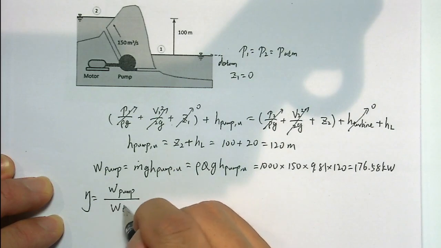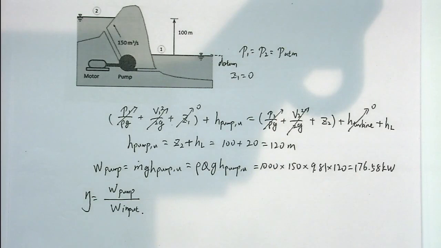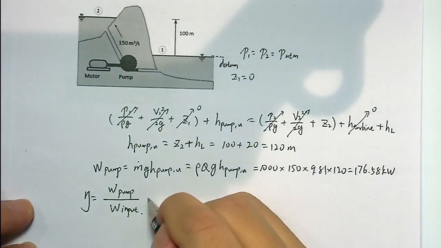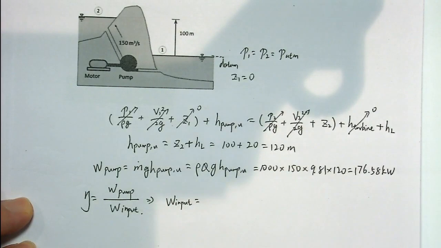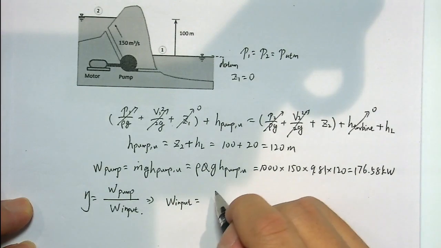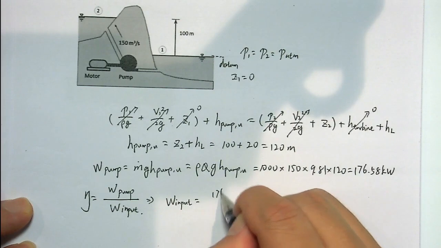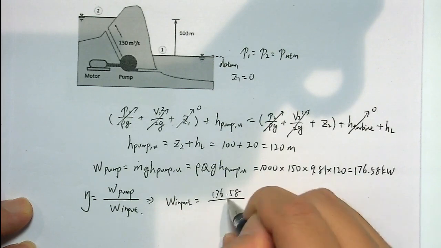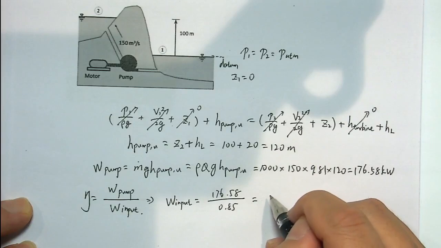So we can get the work input, which is equal to the work output from the pump over the efficiency.